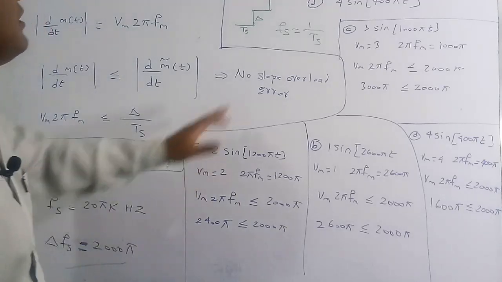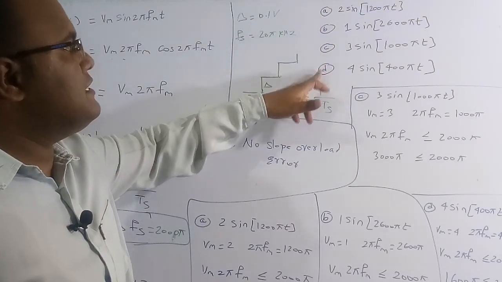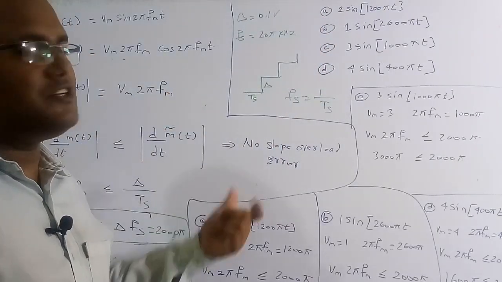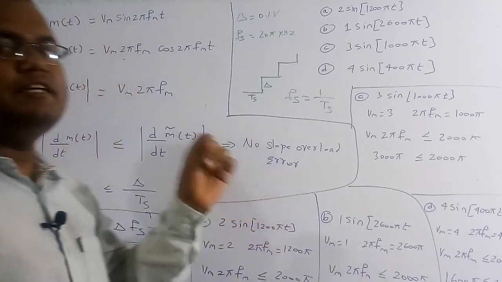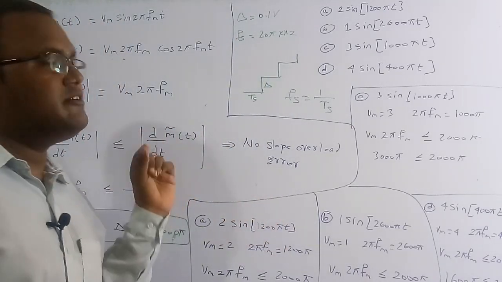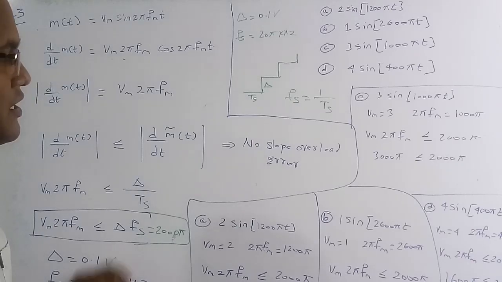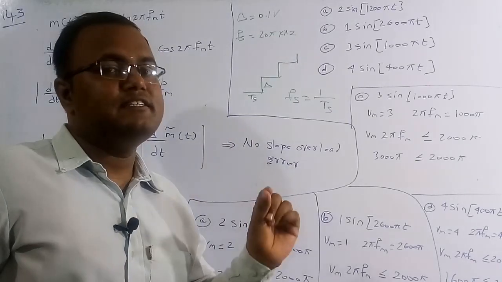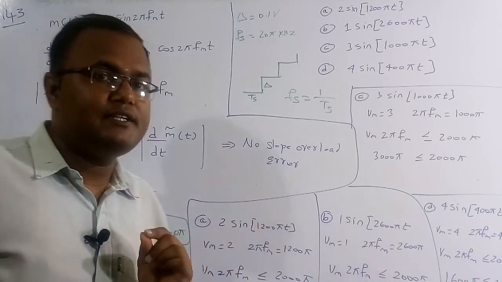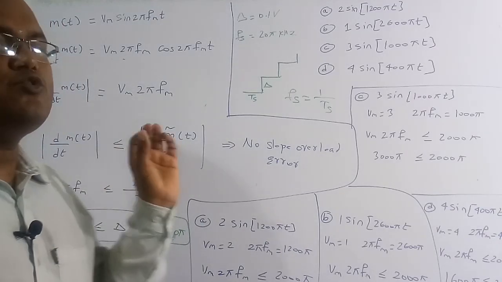There are 4 options, A, B, C, D. I am going to check this condition for each and every message signal. Whichever message signal satisfies this condition, if you give it as input to this delta modulator, we are not going to get any slope overload.